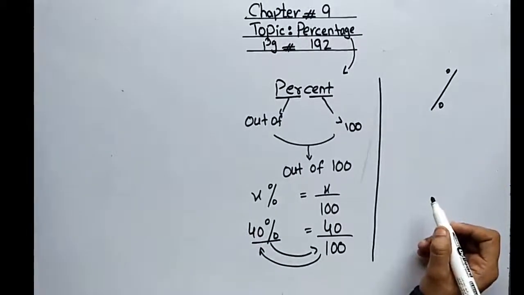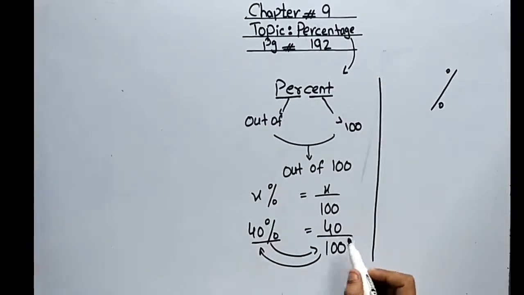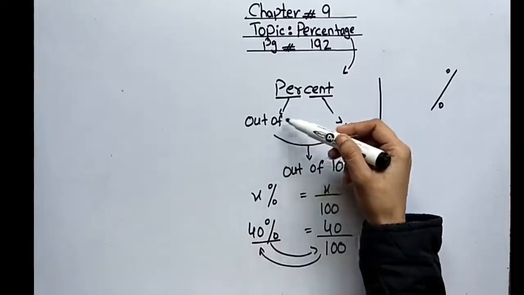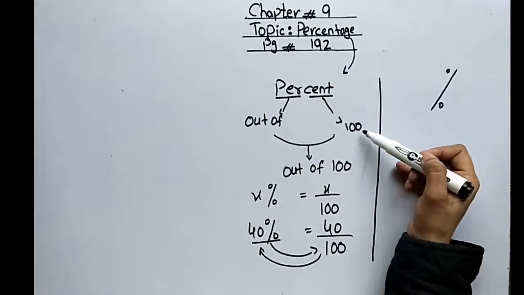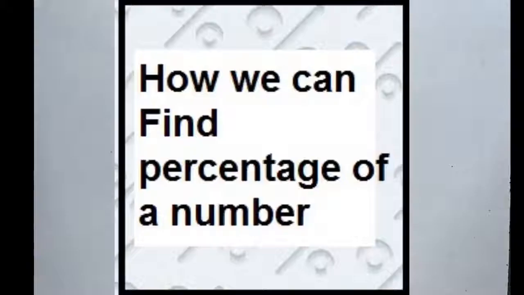As you can see here, 40%. This symbol shows that they are asking about 40%, and 40% is equal to 40 out of 100, as we already discussed that percent means out of 100. Got it, beta? Now come to the second topic: how we can find a percentage of a number.